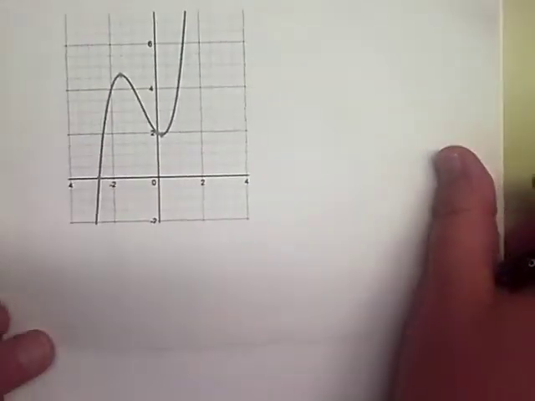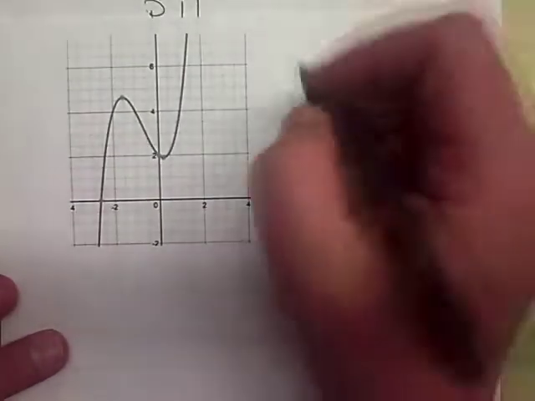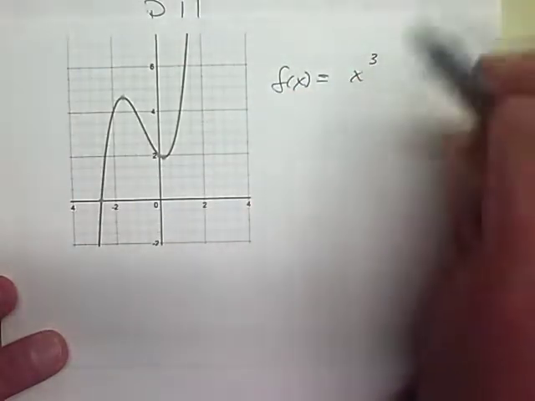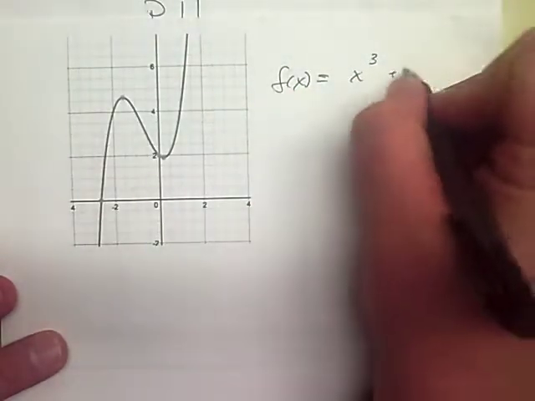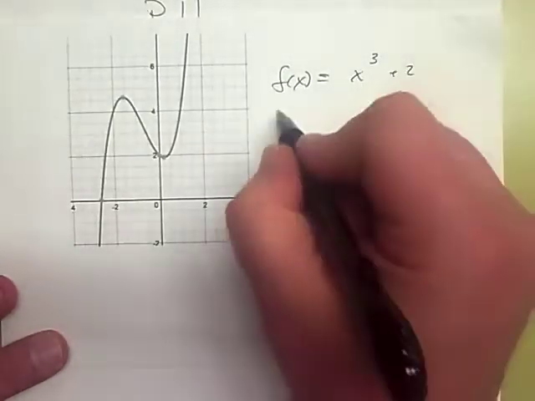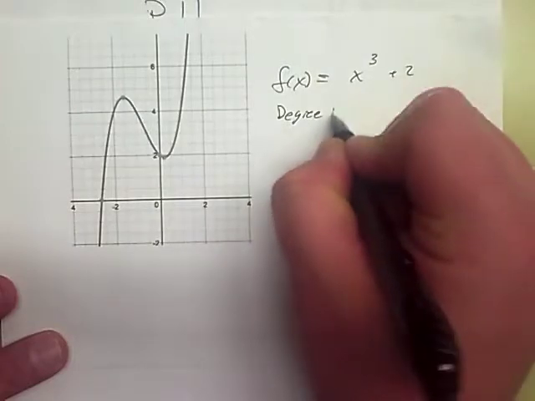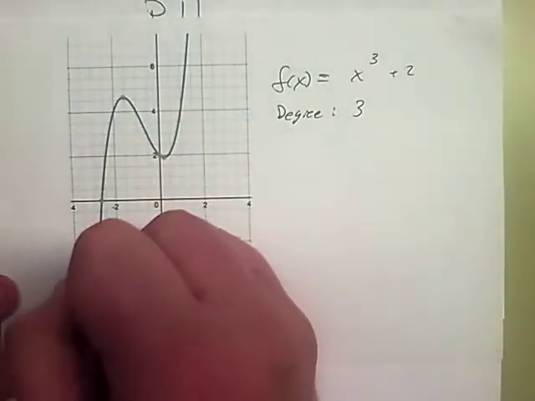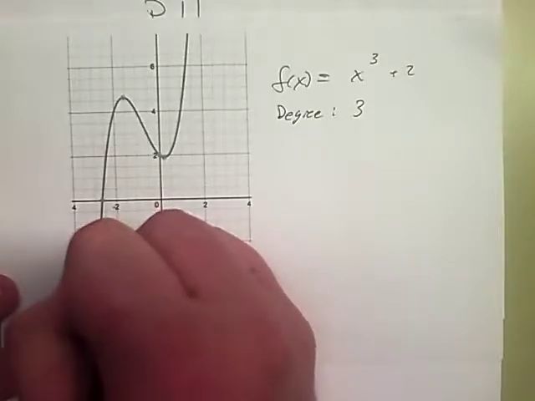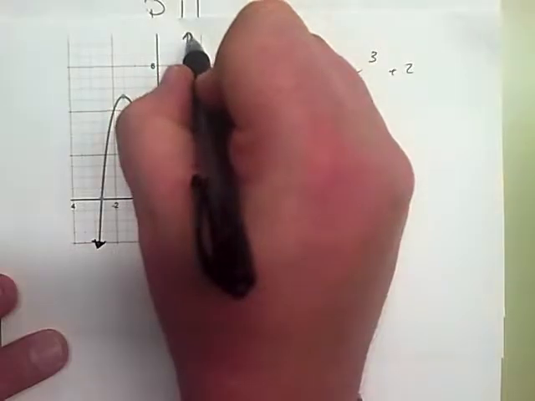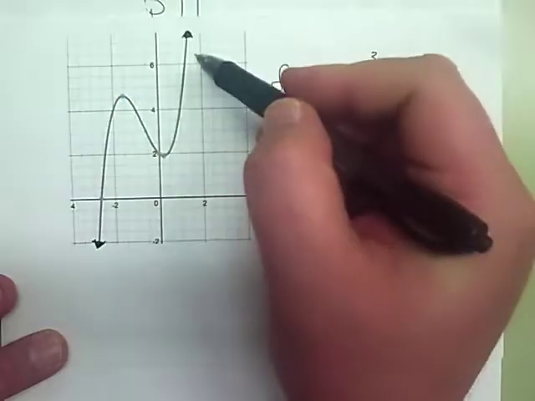Let's take a look at this graph here. Here's the graph of x cubed. It's actually x cubed plus 2. Don't worry about all that. Here's the part I'm really focused in on, the degree of this one is a 3. And let's take a look here. My arrows, I have one arrow pointed down, and I have one arrow pointing up.